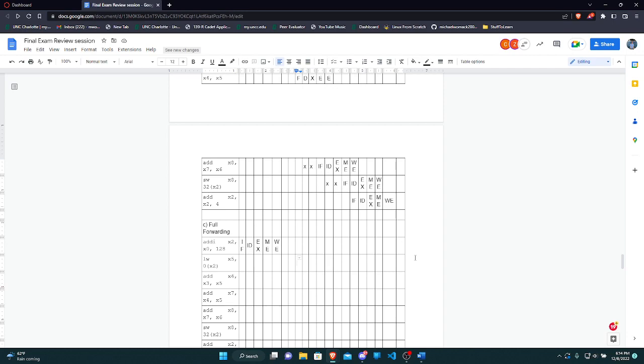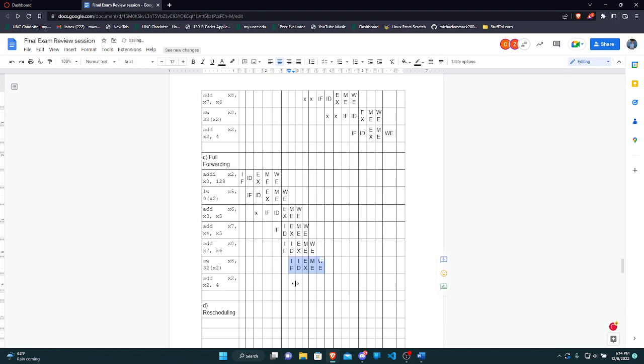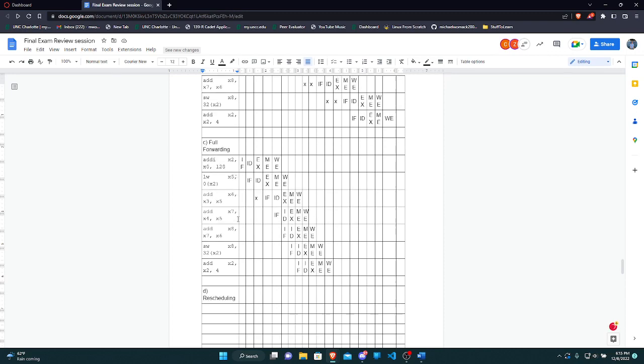You have a 1 cycle delay for a load use, and a still 2 cycle delay for a BEQ. So really we have 1 load use here, and that was between this statement. So the rest of them are just going to be no cycle delays, except for the load use, which was between these 2 lines. Okay.